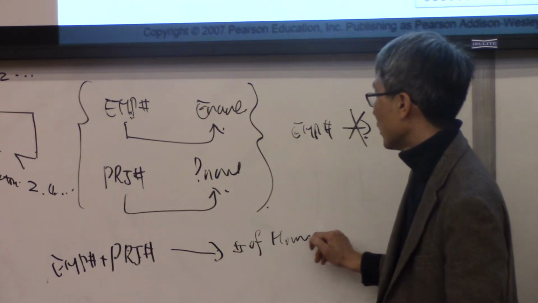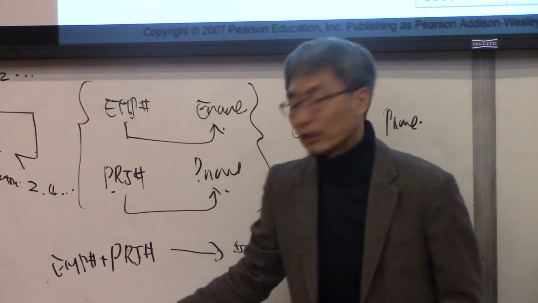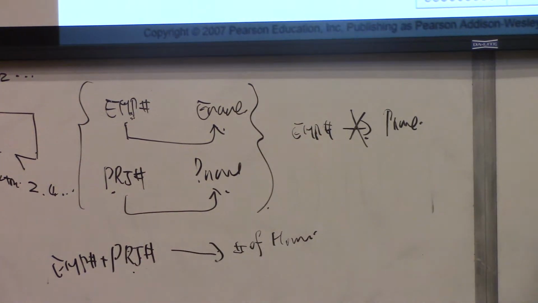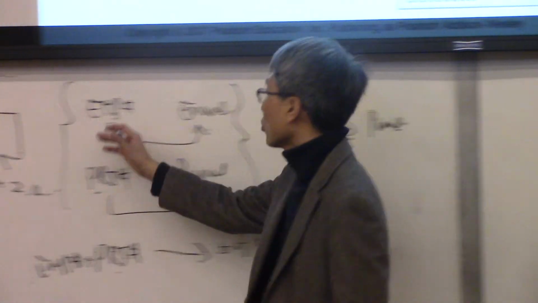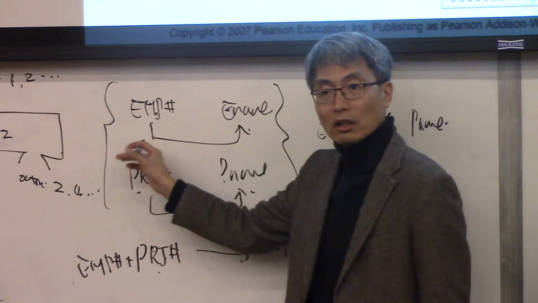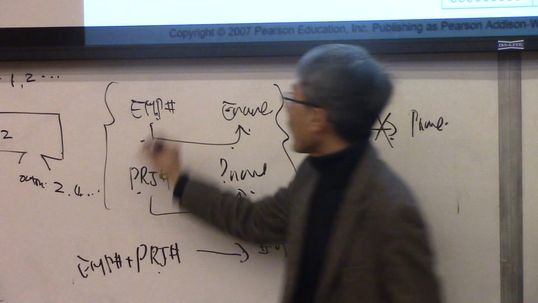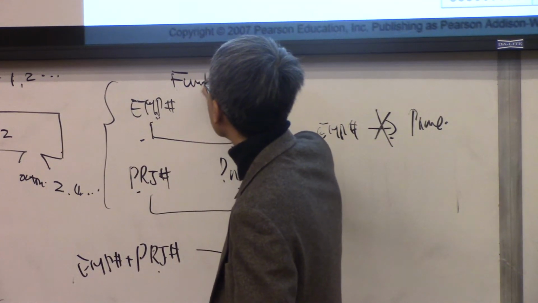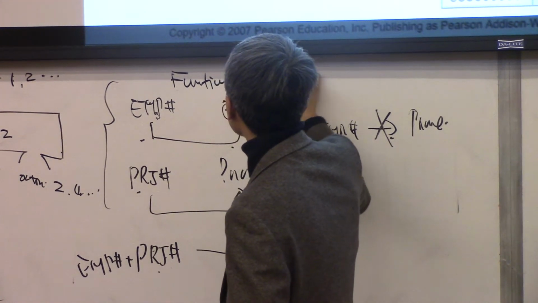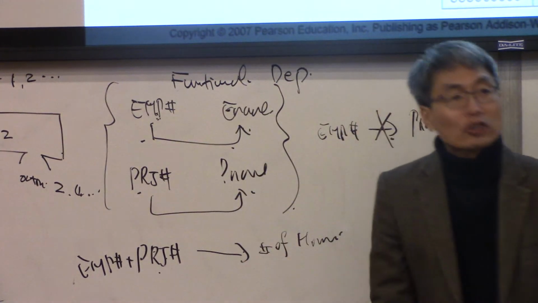Well, so actually there are 3 meaning here in this example. How can we represent such a 3 meaning? Using this relationship. This is called functional dependency. It's called the functional dependency.